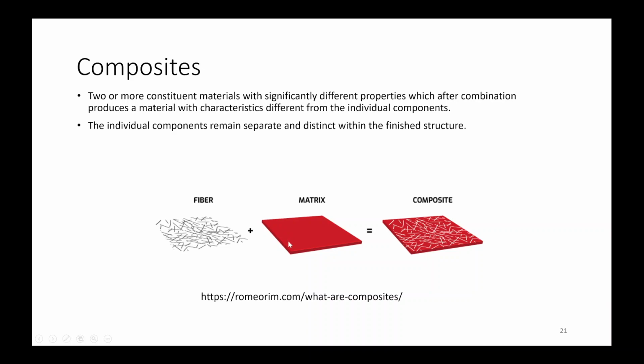If it is polymer, then it will be called polymer matrix composite, PMC, or if it is metal matrix, then it will be MMC, or it can be ceramic matrix composite, so your ceramic will be the matrix. And the reinforcement can be fiber or particles, which will be inside this, so it is combined and called a composite.